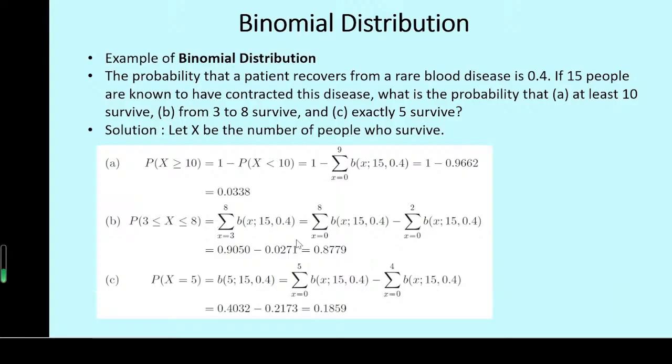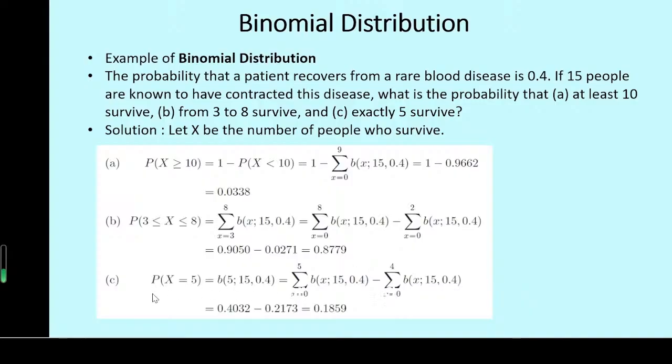And similarly for the second question, we want to calculate the probability of x between 3 and 8. From the binomial probability table, we can calculate this term: the sum of x from 0 to 8 with binomial (x; 15, 0.4) minus the sum of x from 0 to 2 with binomial (x; 15, 0.4). So the result is about 0.8779.